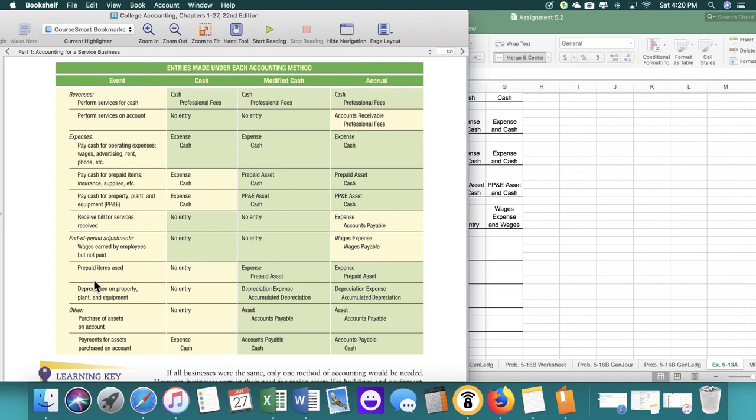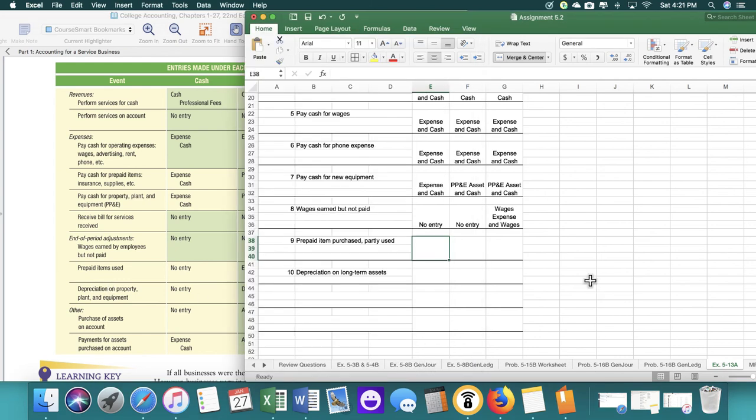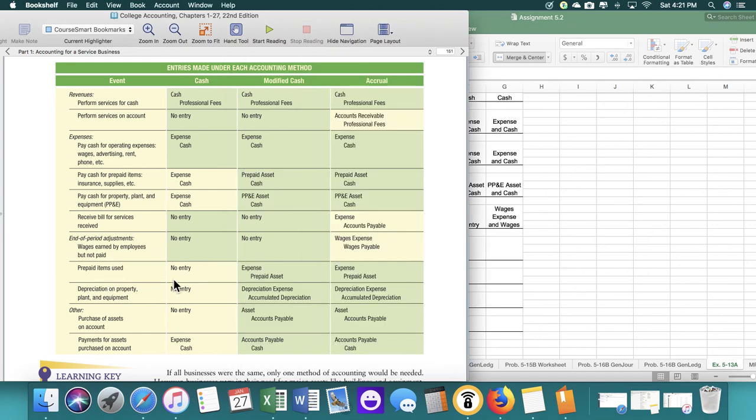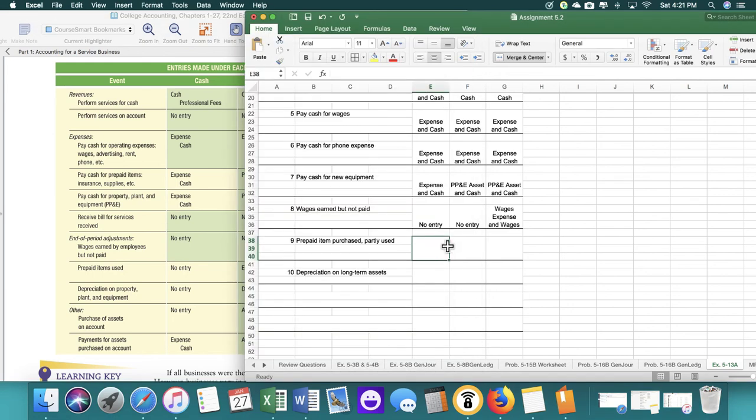And so prepaid items used. It's going to be no entry, expense and then prepaid asset, and then expense and prepaid asset. And then let's copy this over.